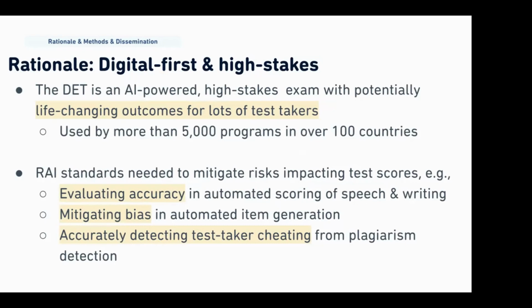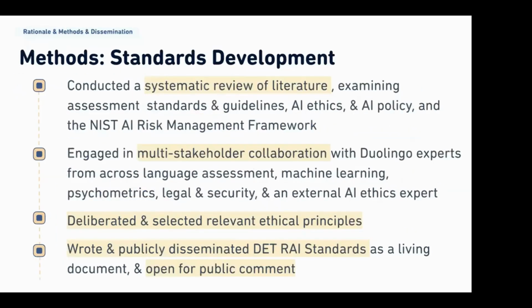And the responsible AI standards are needed to mitigate risks that might impact scores. So for instance, evaluating the accuracy of automated scoring of speech and writing, mitigating bias in automated item generation, and accurately detecting test taker cheating from plagiarism detection. And that'll be the example that I use when I show you how we use the standards in practice.